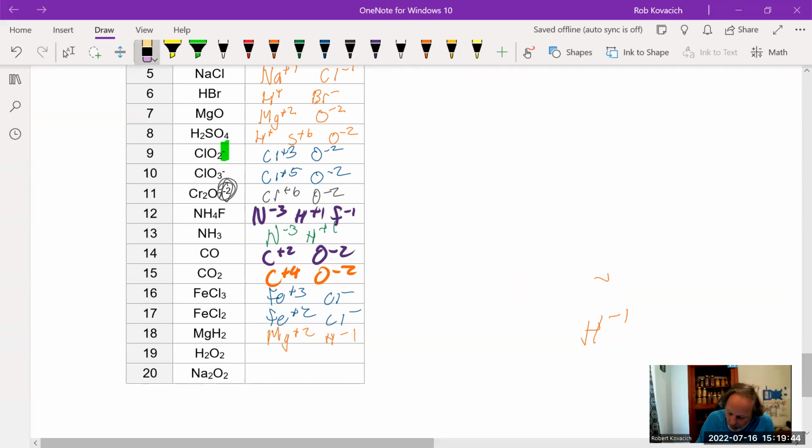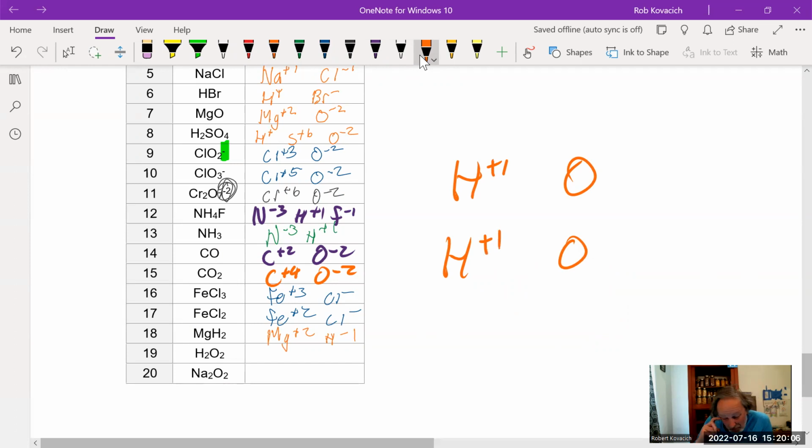Okay, let's finish up with the weird oxygen ones. All right, so I've got this compound, H O. Okay, so hydrogens with nonmetals have to have a +1 charge. So what I want to write down is -2 for the oxygen, but I can't, because if I did that, my charges don't balance, and they have to balance.